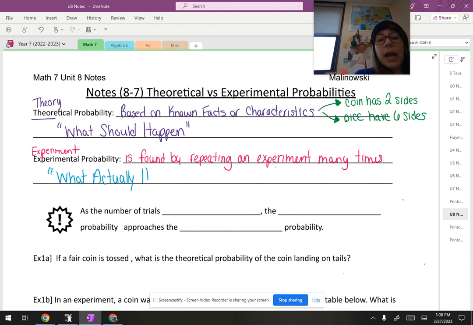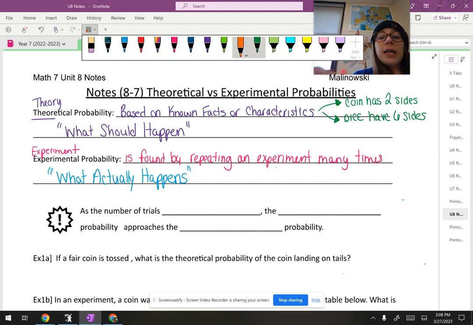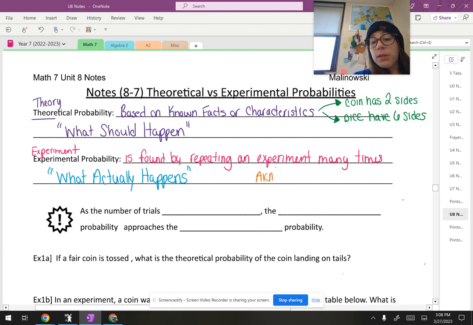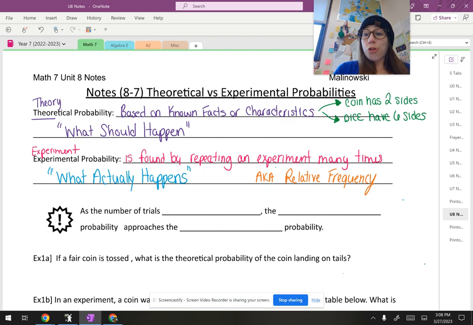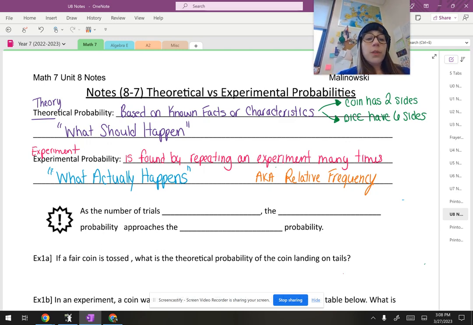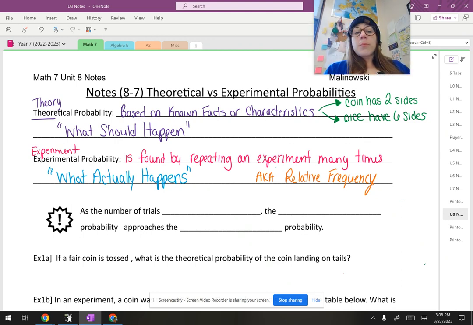What actually happens or happened when you did the experiment. It can also be referred to as your relative frequency. Relative frequency just means how many times that 6 showed up when you rolled the dice 100 times. So again, experimental probability is what actually happens versus what should happen.